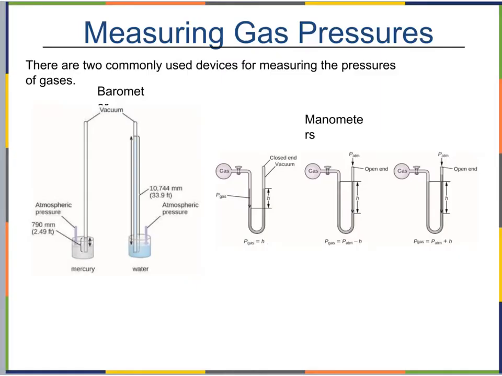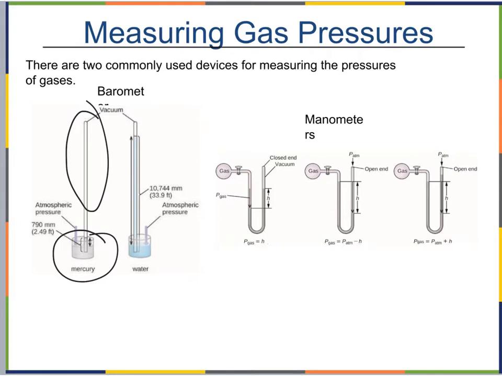Let's talk about how we actually measure pressure. The way in which we measure pressure is using something called a barometer or a manometer. And essentially, we're looking at the atmospheric pressure versus the pressure inside a tube. Okay, and so if we evacuate that tube, right, and we stick it down into a vat of mercury here, that actually gets sucked up to a specific level, right?